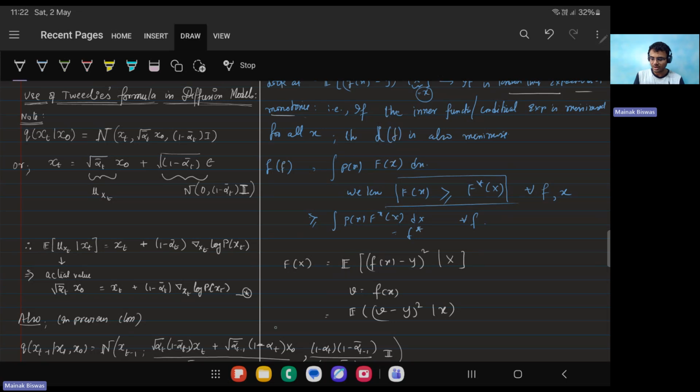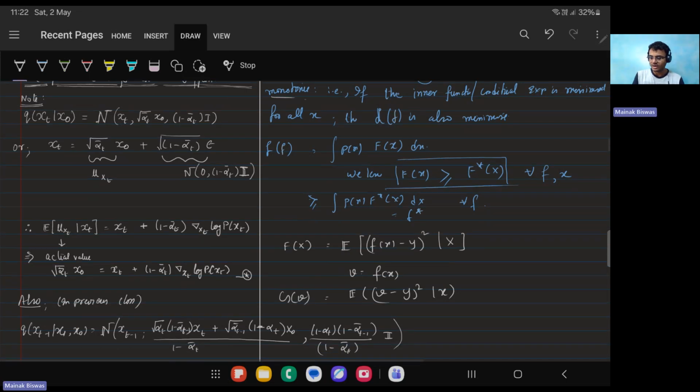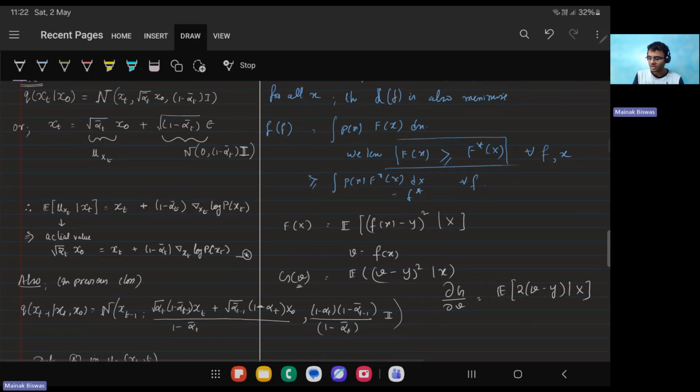So this is some function of v, say g of v. And now if I'm trying to optimize for v, you take the partial derivative and set it to 0. dg/dv, and you get the expected value of 2 times v minus y given x, right?